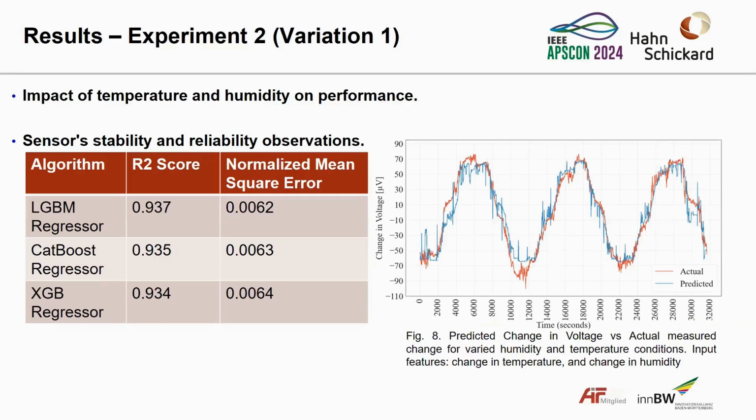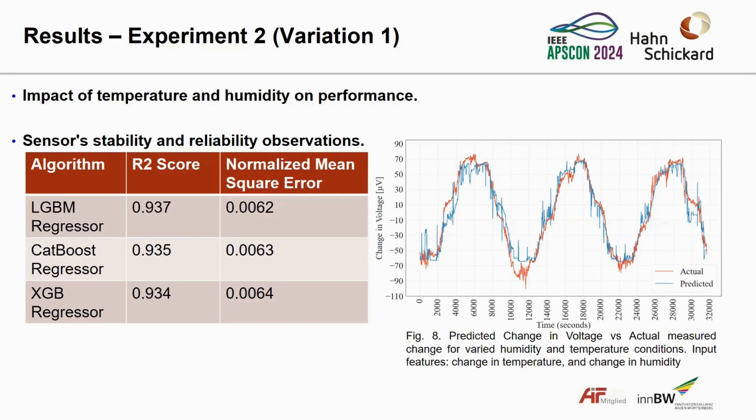On the right, you can see that we can recreate the change in voltage which is being induced, though it is a little bit spiky. On the left is the algorithm which results in the highest R2 score and correspondingly the least normalized mean square error. We get a very good R2 score of 0.937.